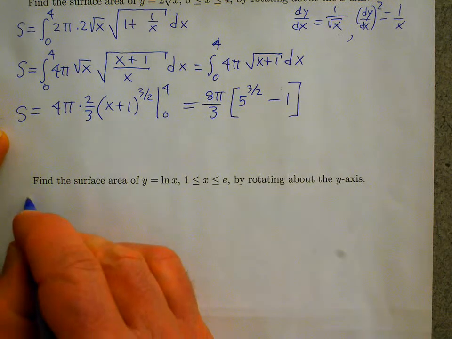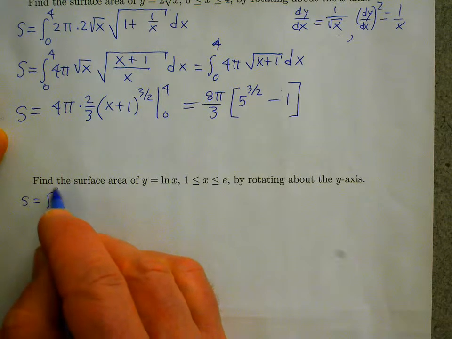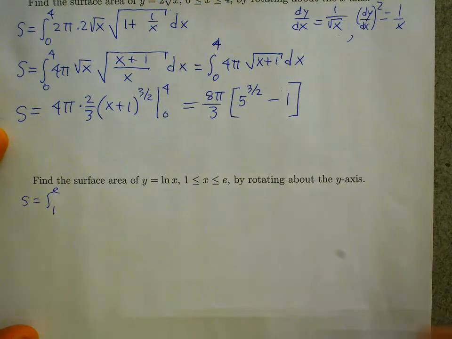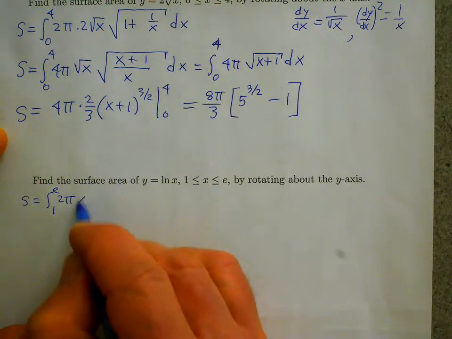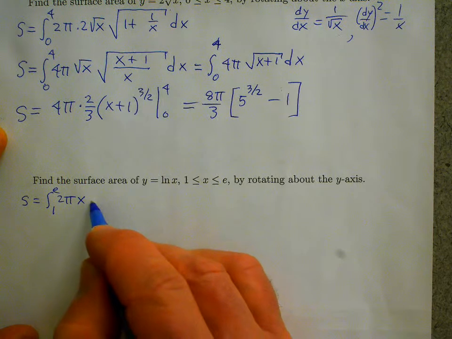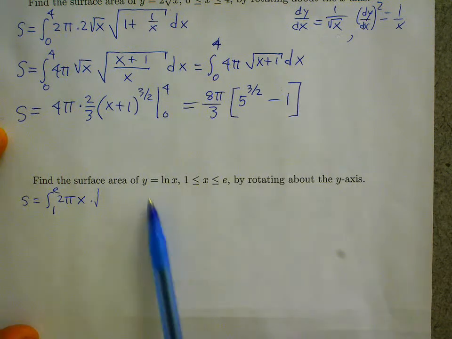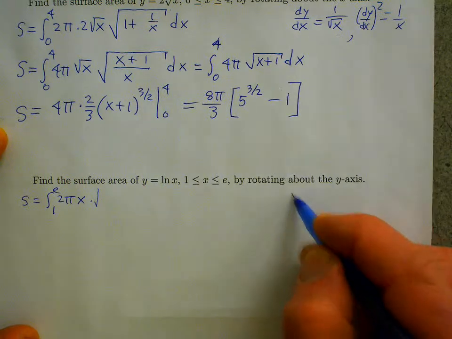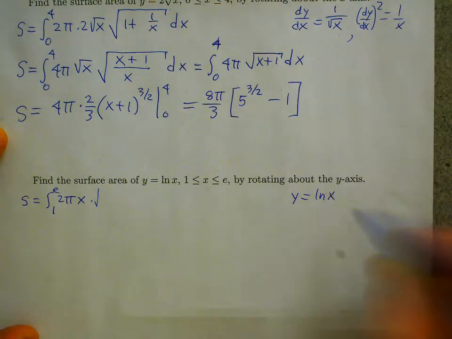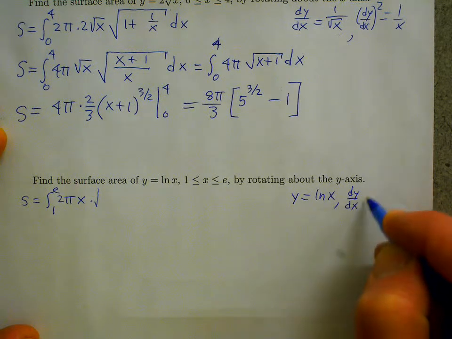So our surface area on the interval from 1 to e is 2 pi x times the square root of 1 plus dy dx squared. So the function y is y equals the natural log of x. So we have to find the derivative, which is 1 over x.